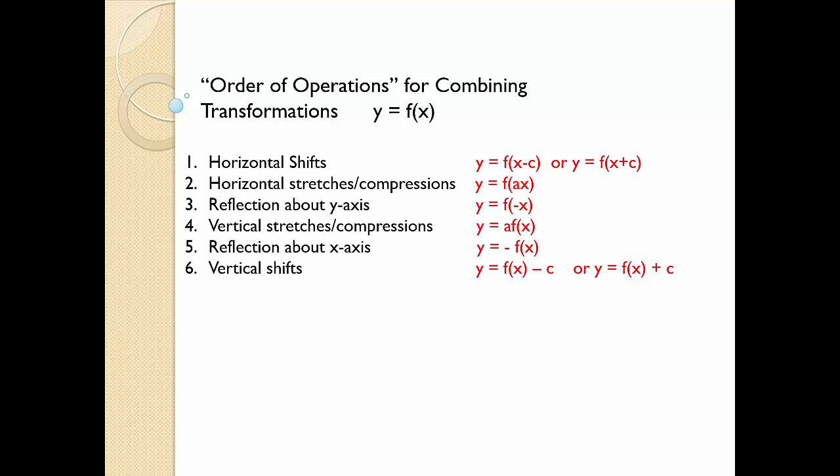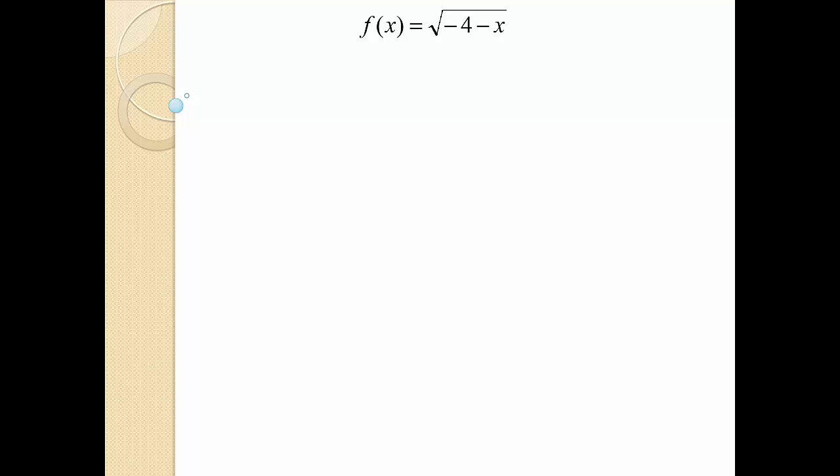All right, so here's the same slide with a little more information over to the right, hopefully an example. Let's try this. f of x here is square root of (-4 minus x). So we have two things going on. We've subtracted 4, and we've also got this minus on the inside, right?